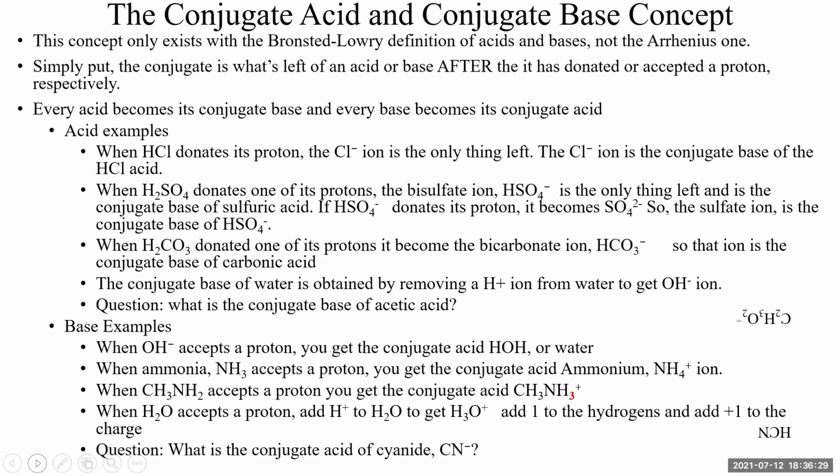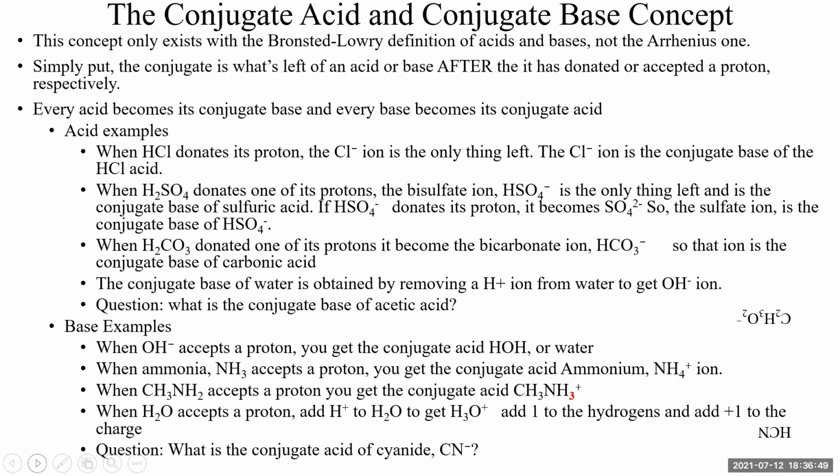So what is a conjugate acid or a conjugate base? They are the complementary acid or complementary base that is formed as a result of an acid acting like an acid, according to the Bronsted-Lowry definition. When an acid behaves like an acid, it becomes a base after the reaction is finished.